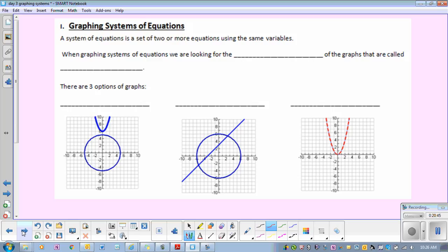And when you're graphing a system of equations, you're going to look for the intersections of the graphs. All right? Where do they intersect? Where do they touch, cross, meet? Okay? Intersect. And those are called your solutions. Those are the solutions that you're looking for. Okay?